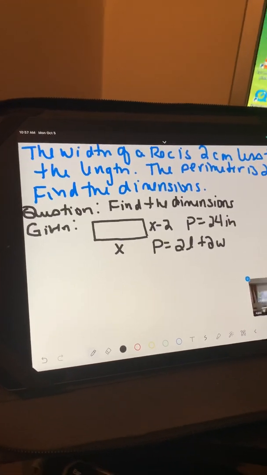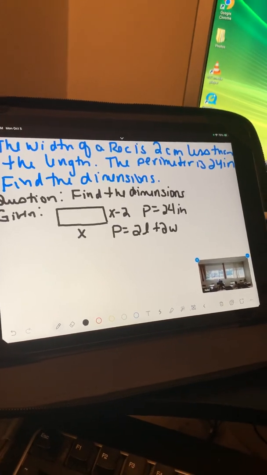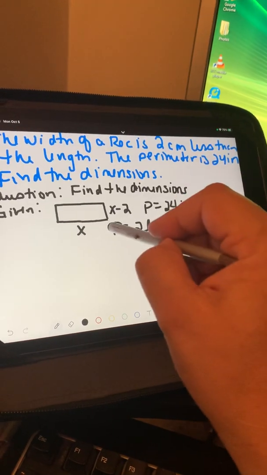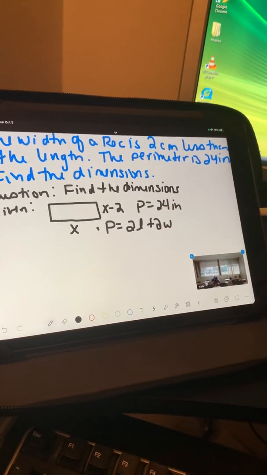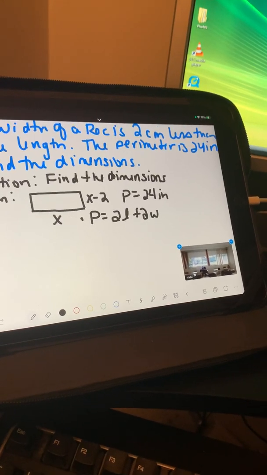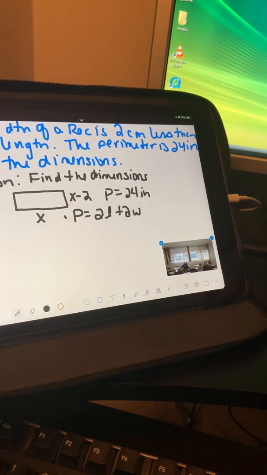And notice that with the perimeter and such, make sure in your given information you write the equation of the shape. If it's area, length times width, whatever it may be, always include that in your given.